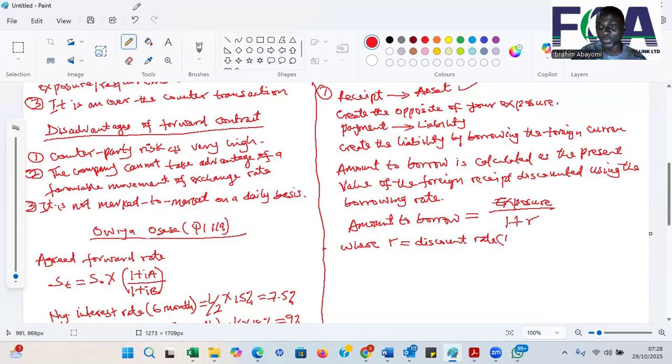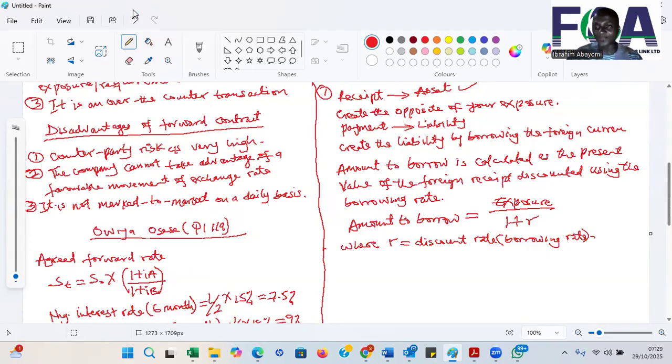Which one? The borrowing rate. In this case, the borrowing rate. So that is how you get the amount you need to borrow.